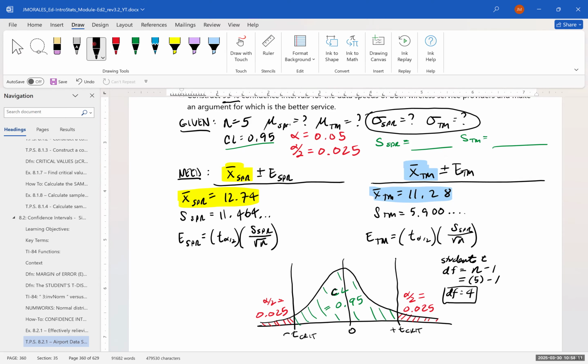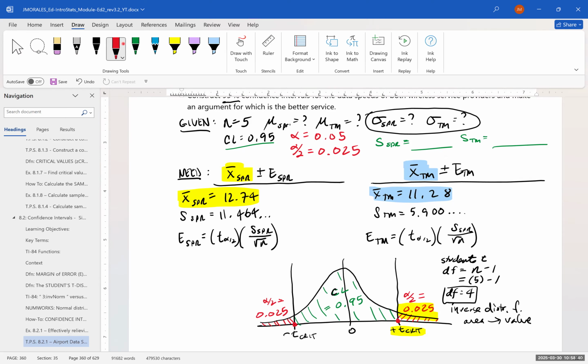So now we need to use an inverse distribution function in order to convert an area to a number line value. So I'm going to work on trying to convert this area in the tail to the adjacent critical value here.